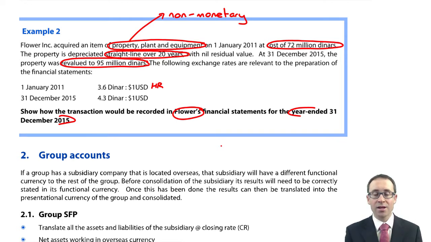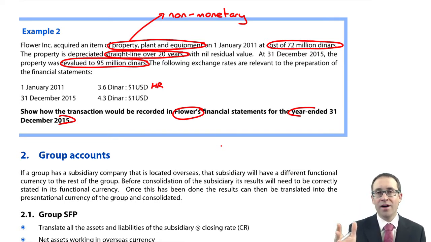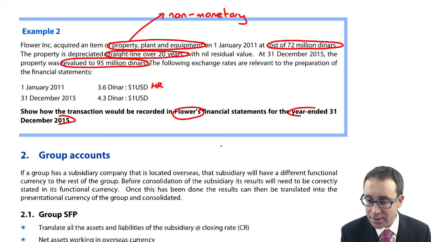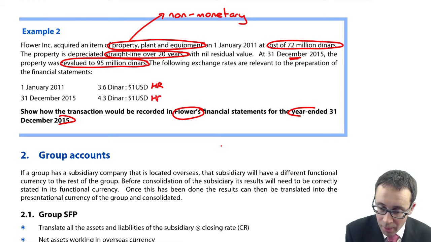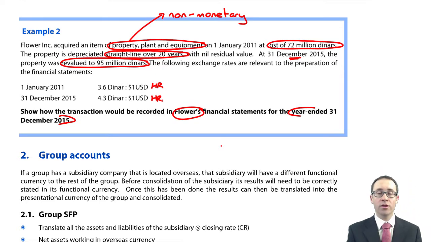It was revalued to 95 million dinars. We need to translate that 95 million dinars into the functional currency before we then process any revaluation whatsoever. Okay. Again, we need to translate it at the rate that's in place on that date. So the 31st of December, the historic rate on that date is the 4.3 dinars to the dollar.